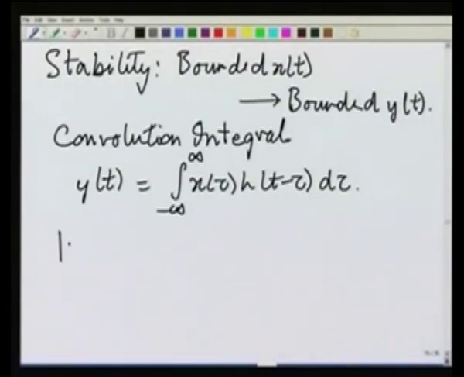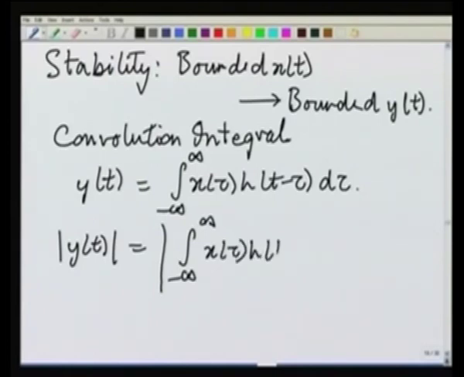The absolute value of y(t) is this. We have to evaluate the absolute value of the integral.